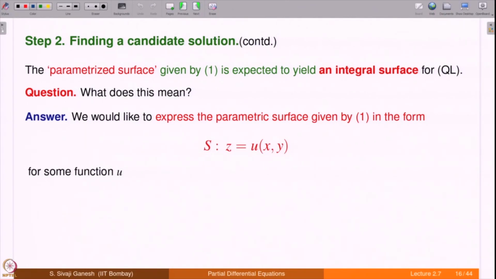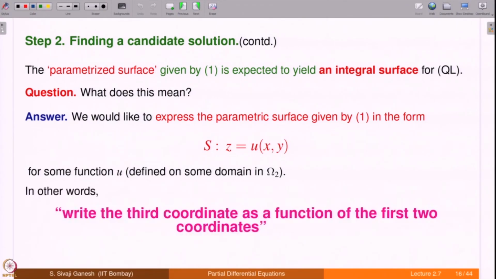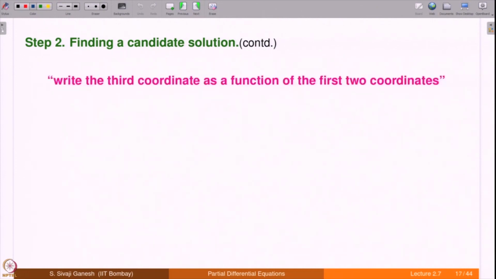We need to find some function, that means we need to find a domain on which this function is defined and this holds. In other words, write the third coordinate as a function of the first 2 coordinates using (1). That is the only thing that we have in our hands, namely the family of characteristic curves passing through points of gamma.